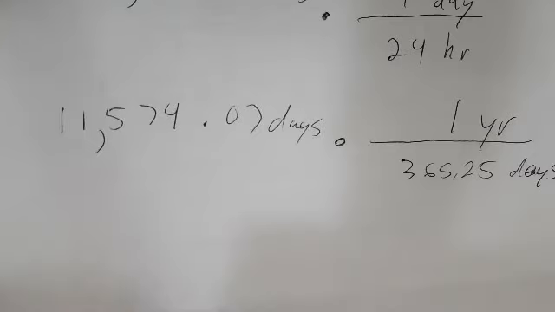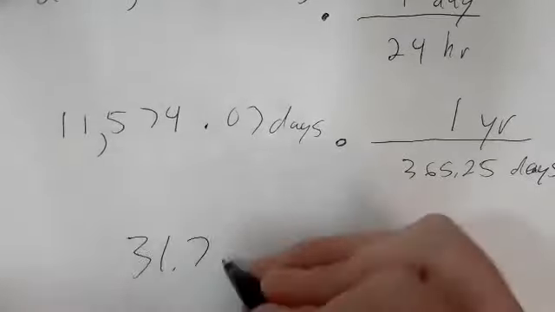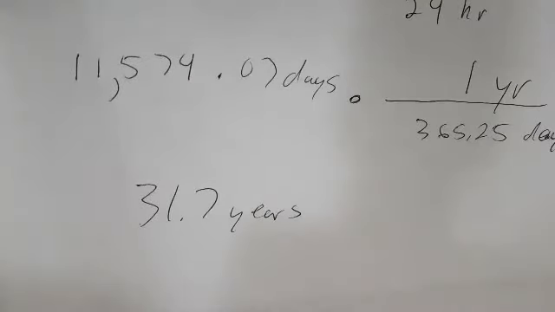I'm getting 31.688. So this is, if you're counting, just 1, 2, right? 1 every second, and you don't ever sleep, don't ever eat. It's going to take you 31 years.